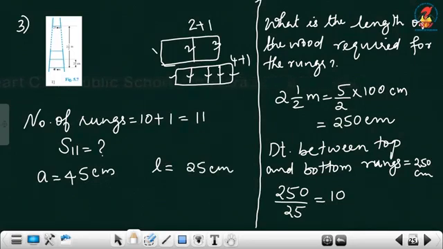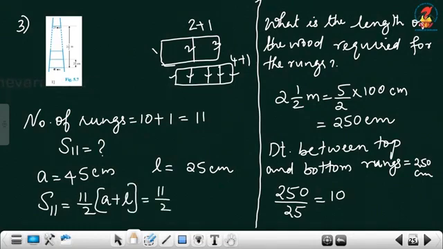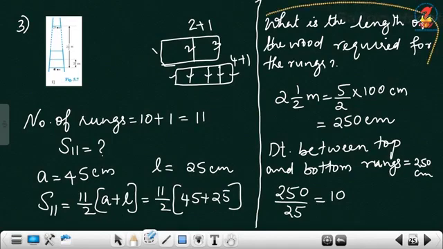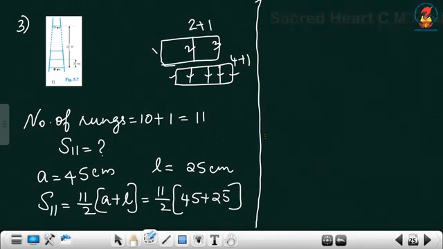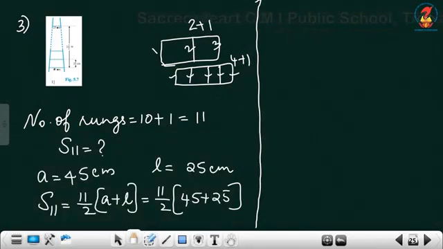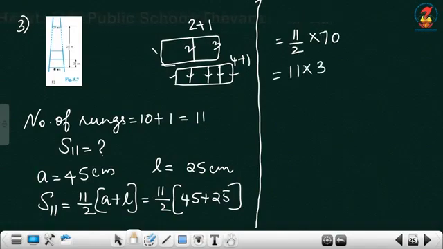S11 is equal to 11 by 2 into A plus L, which is equal to 11 by 2 into 45 plus 25, which is equal to 11 by 2 into 70, which is equal to 11 into 35, which is equal to 385 centimeter.